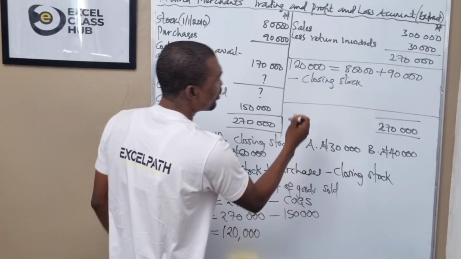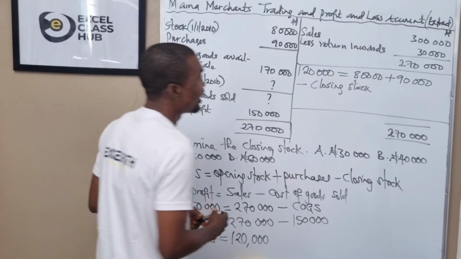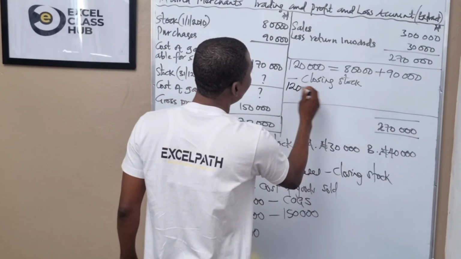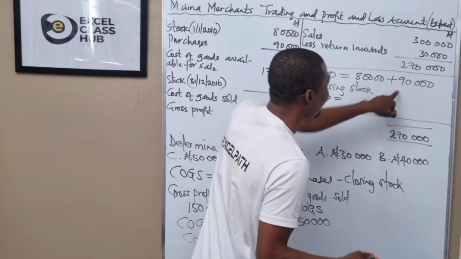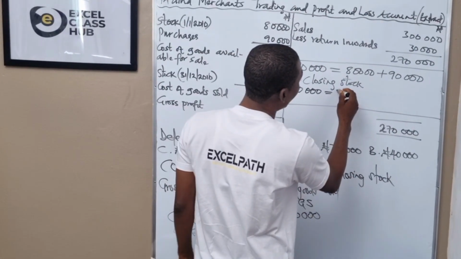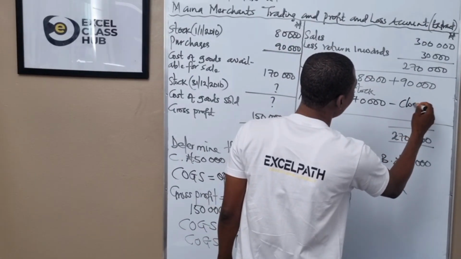So we are going to add 80,000 plus 90,000. So we have 120,000 equals 80,000 plus 90,000, which gives us 170,000 minus closing stock.